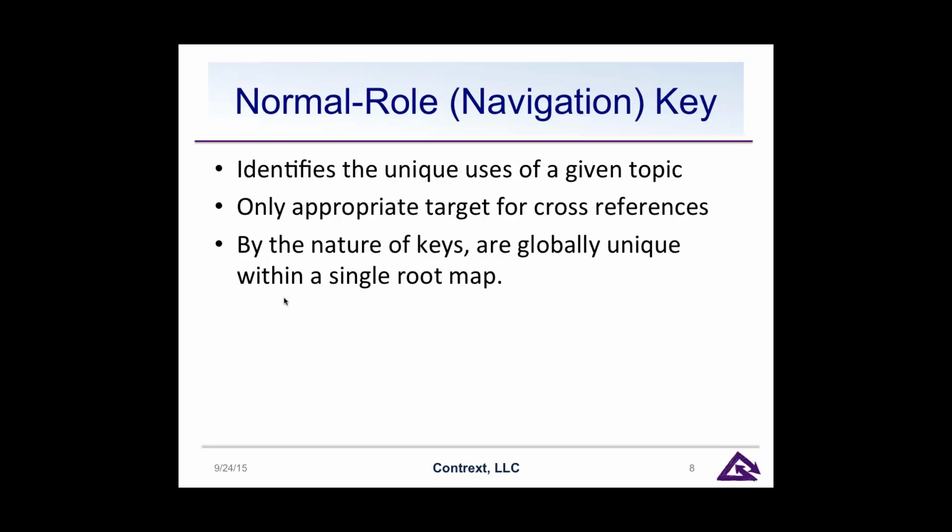So your normal role navigation key identifies the unique uses of a given topic. Every normal role topicref in a map that references a topic is establishing a use of that topic in that specific location. So there's no ambiguity about where that topic is being used in the structure of that publication with that topicref.